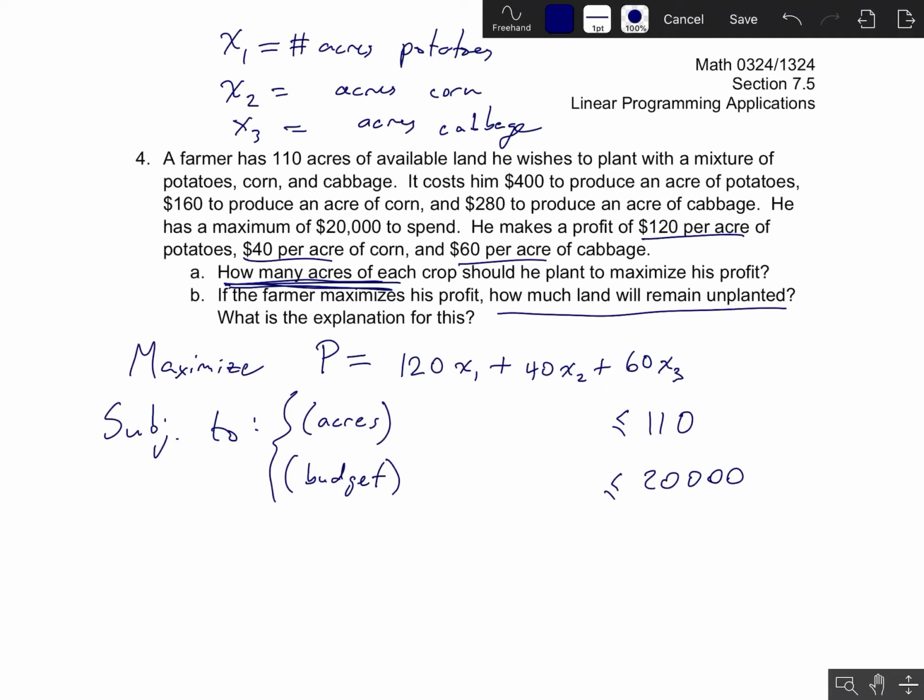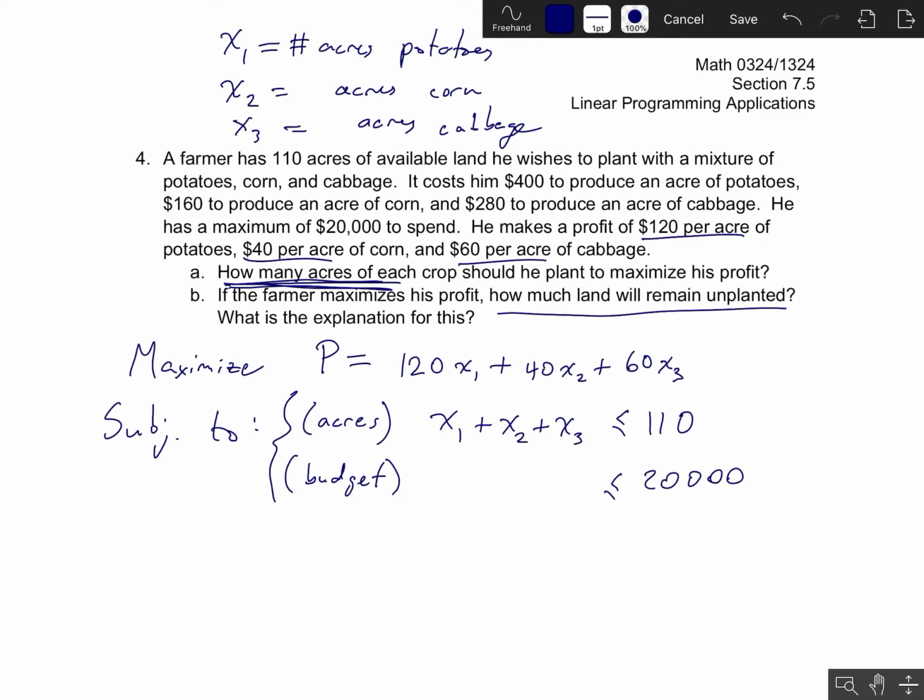So on the left side here, I need to express the total number of acres that we use. But remember that x1 is the number of acres of potatoes, x2 is the acres of corn, and x3 is cabbage. So if I wanted the total acreage that we're going to be using, it would just be x1 plus x2 plus x3. So that gives me the total number of acres that we're going to use. The budget constraint is a little bit different.